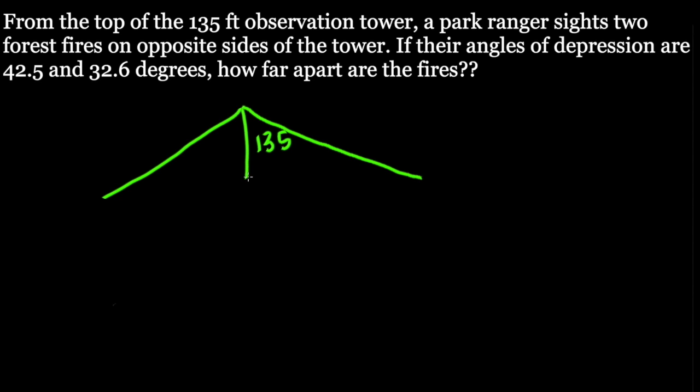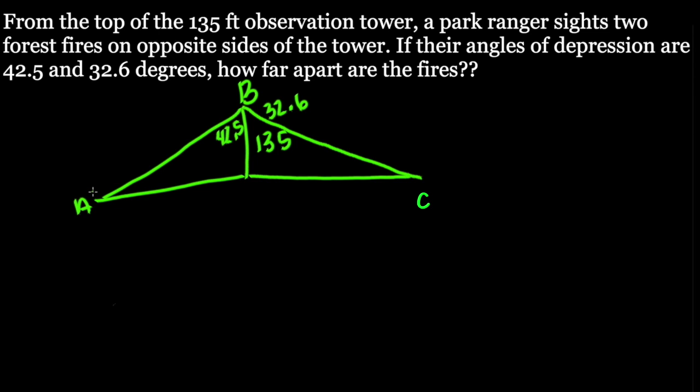Once we are done with our drawing, it should look something like this. For this illustration, let's label the points in the big triangle as so. So we know that the angle from point B here at the observation tower to another point is 42.5. And the other point over here is known as 32.6.